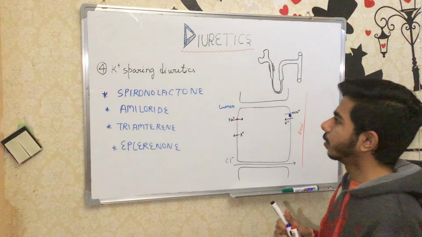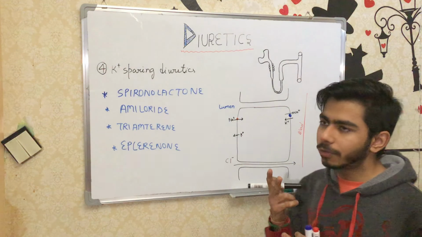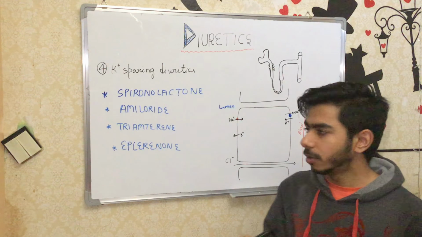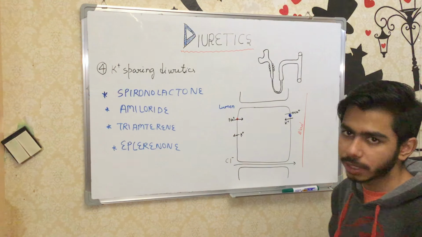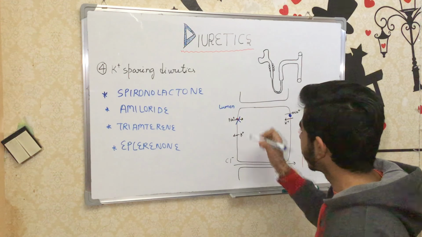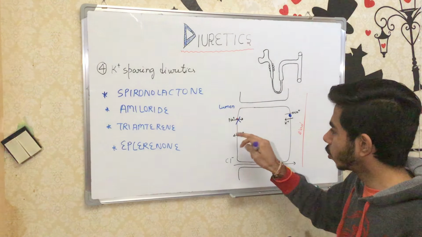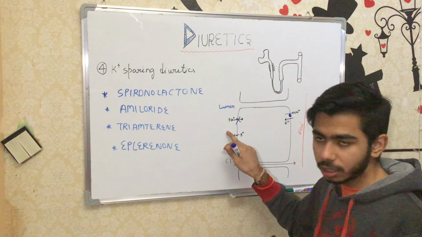So how do the potassium sparing diuretics work? They work with two methods. The first method is that they simply block the sodium channels. If they block the sodium channels, the sodium will start appearing in the urine, accumulating inside the tubular lumen.